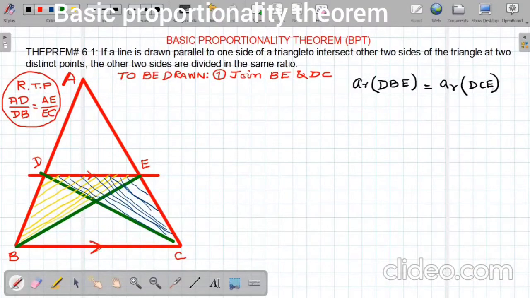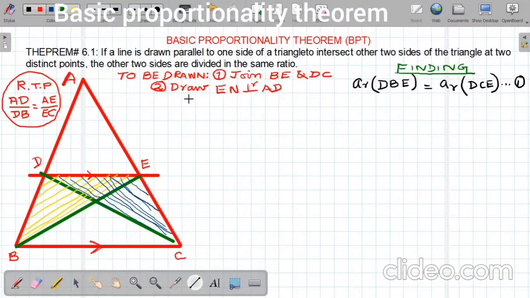This is our finding number 1. Let us list out our findings here one after another. Our first finding is that the area of triangle DBE and the area of triangle DCE are equal.